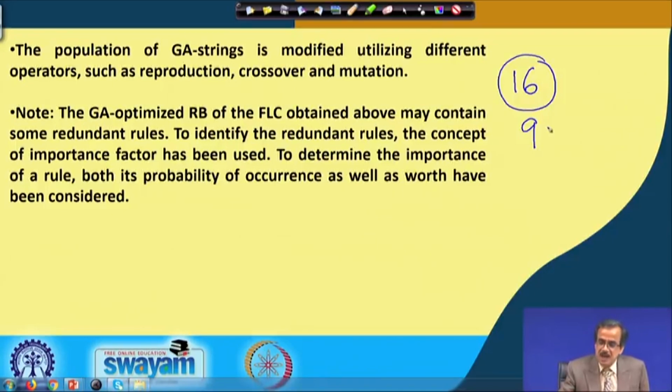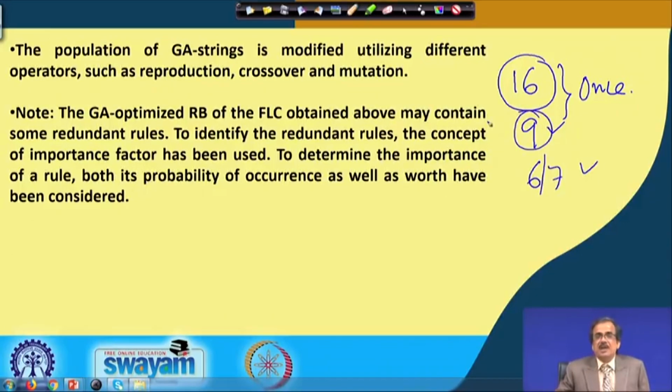Now, these 9 I will get if I do the GA based tuning only once. If I do the same GA based tuning once again, there is a possibility that from 9 it may select only 6 or 7 rules out of these 9. So, we will be getting the further tuned rule base.